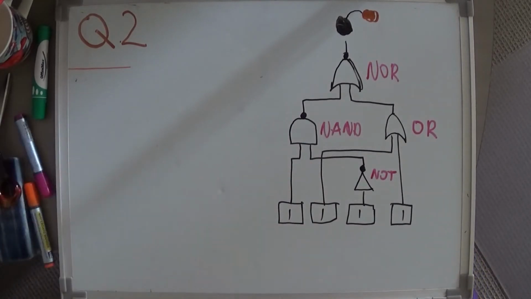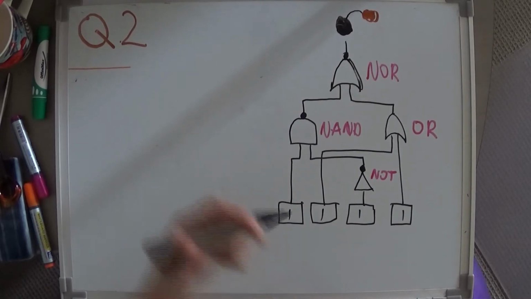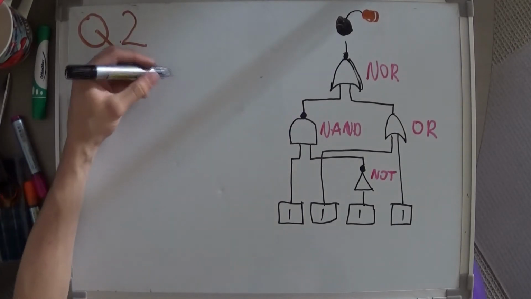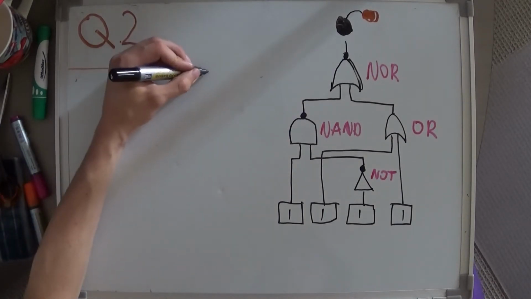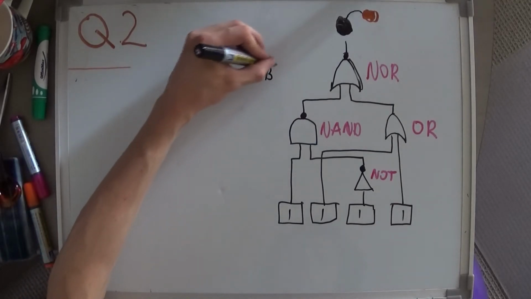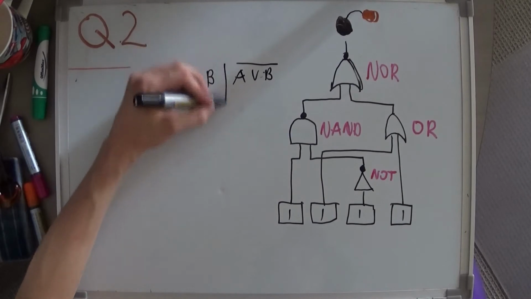Let's see what the steady state, or the all one state, of this circuit is. So we have all ones in here. Now, the most important gate in this circuit is the NOT OR, so I'll just quickly draw out the truth table for that. There we have A, B, and NOT OR AB.